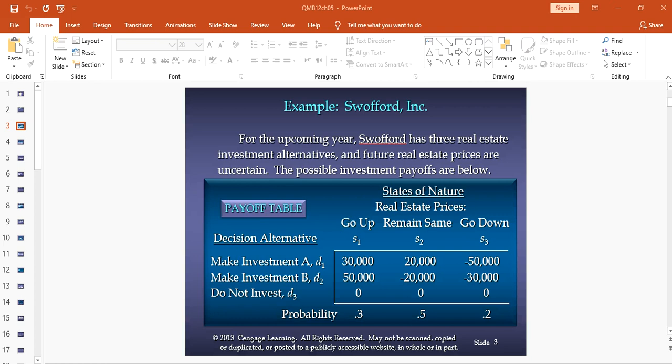This is the best case. This is the neutral case. And this one is the worst case. And the probability of occurrence of each state of nature is given here: 30%, 50%, 20%. Okay?